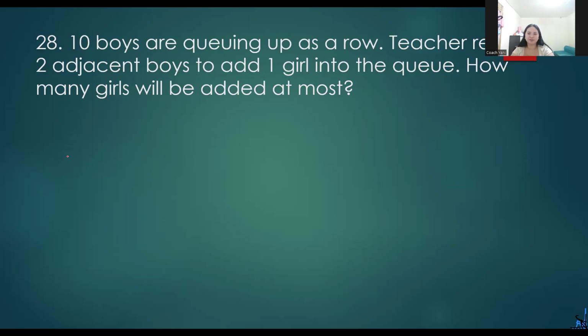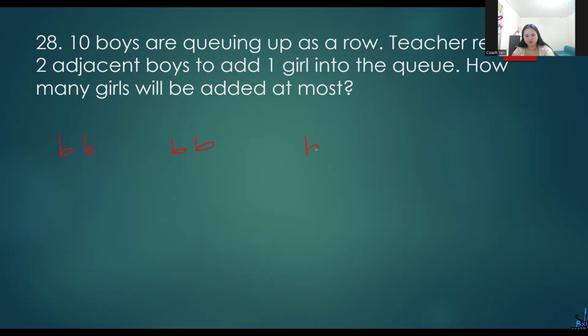How did you solve for that? There are 10 boys. Yeah, so, and then? Row.